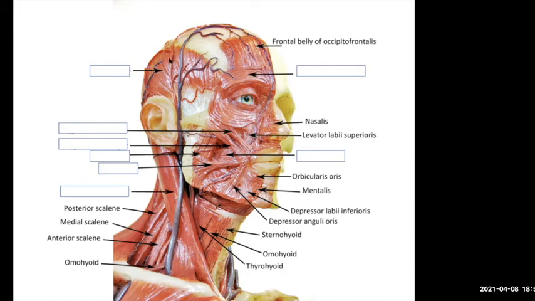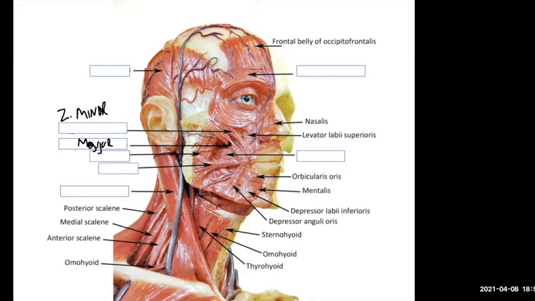So I don't want to write all these over again. I'll just mention, that's the temporalis, your orbicularis oculi over here. There's a bunch of muscles already labeled that you don't have to know, but then your two muscles over here: the superior one, a little closer to the nose, is your zygomatic minor, whereas the lower one is your zygomatic major.